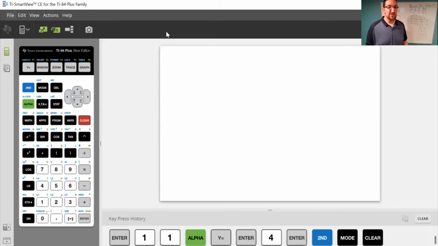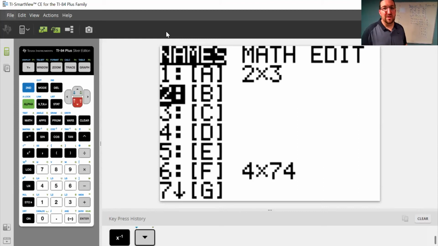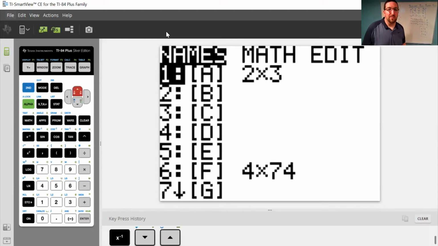Next, we are going to go back into our matrix menu. So you have to quit out of the matrix menu, back to the home screen, and then go back into the matrix menu. We're going to hit second x to the -1. As you can see underneath your names matrix menu, that number 1A, we now have a 2x3 matrix stored in that. But what we want to do is find something called reduced row echelon form.